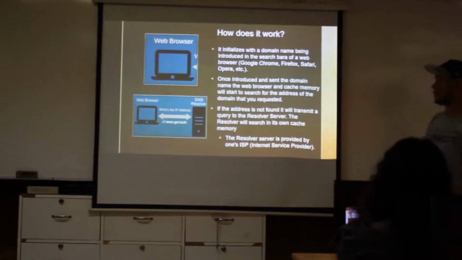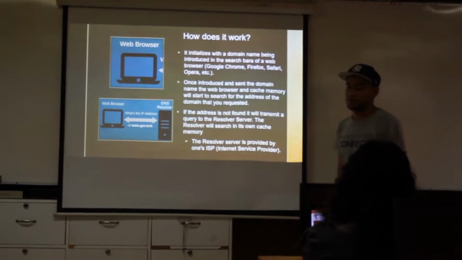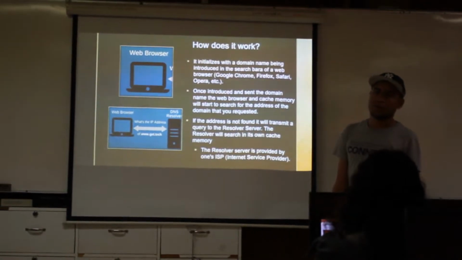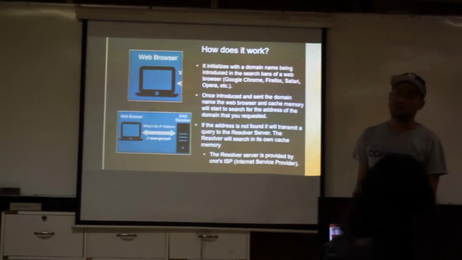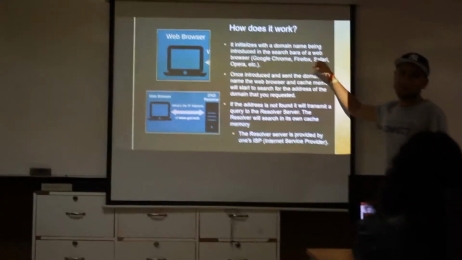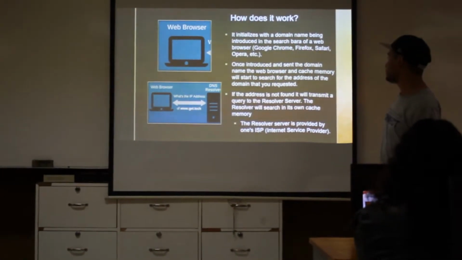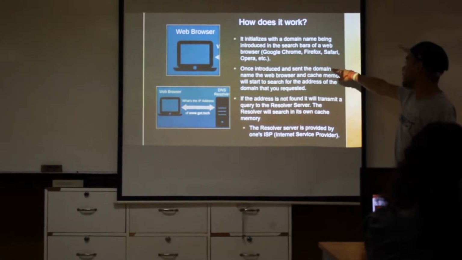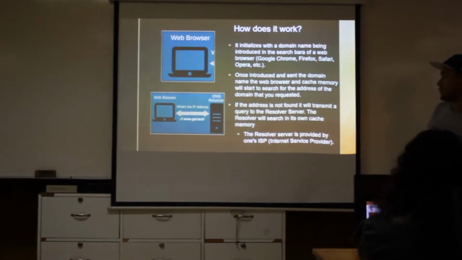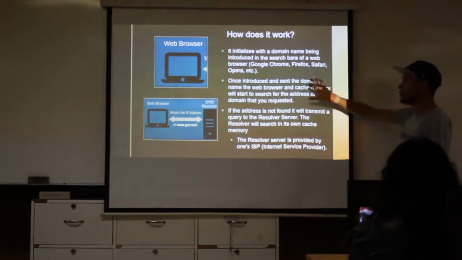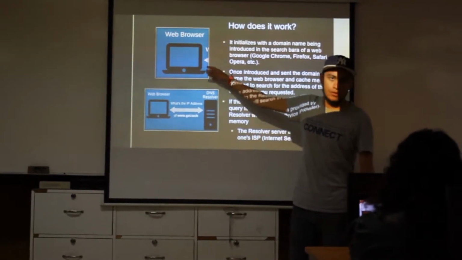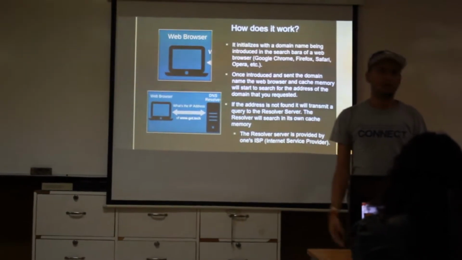The first step, like I said yesterday: when you put a URL, a domain name, in any browser, Google Chrome, Firefox, Safari, whatever, the domain name is sent and the cache memory will start to search for the address of the domain that you request. This step is in your own hardware, your own operating system, your own computer.